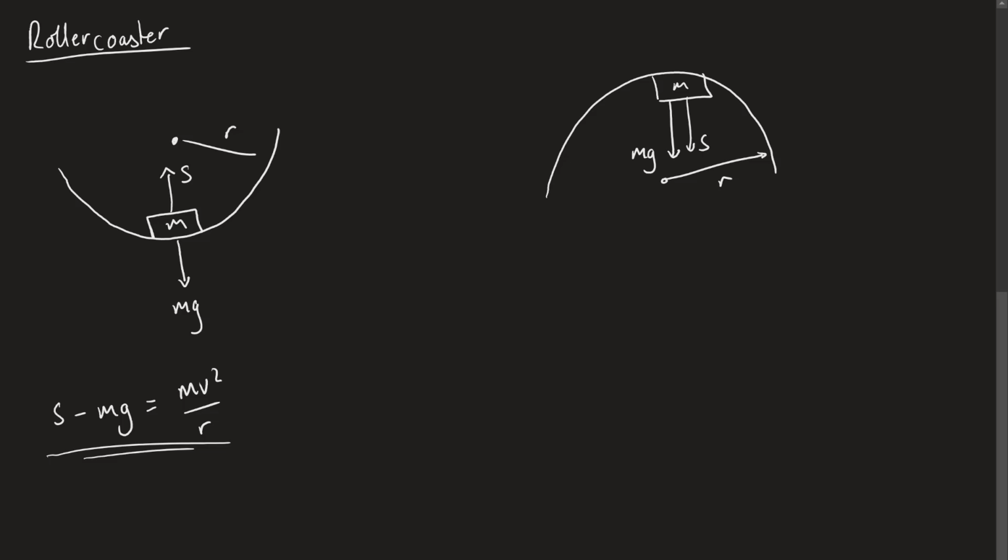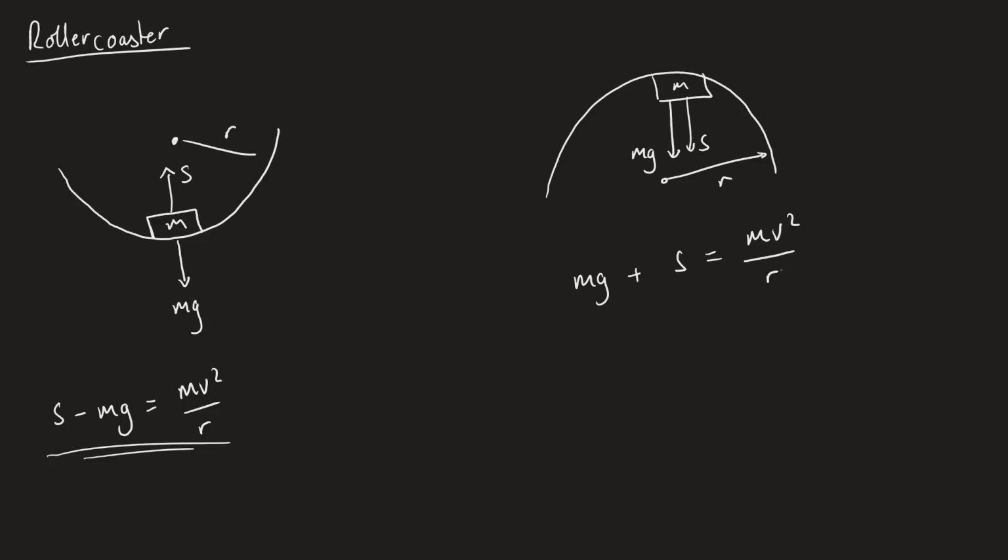Therefore, in the case when you reach the top, it's mg plus S is going to be equal to mv squared over r.